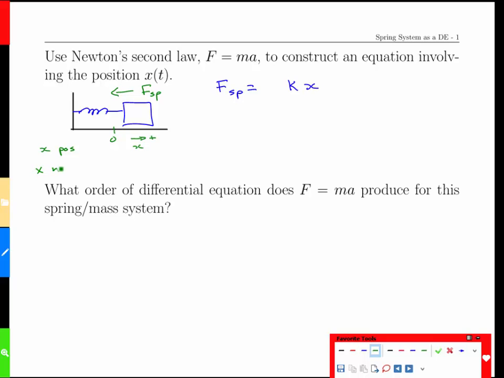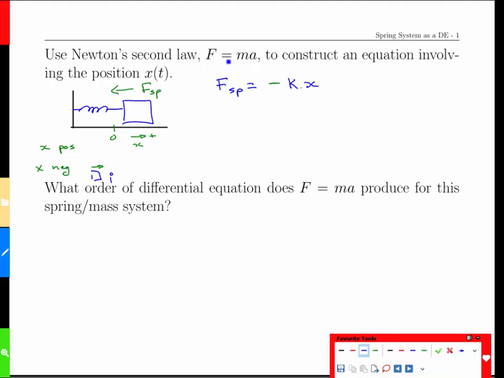However, if x is negative, putting the mass over on this side of 0, then the spring force acts in the opposite direction, which will be a positive direction. So in both cases, whatever the sign of x is, the spring force is going to be the opposite sign, or the negative of that. And so we can best capture the force of the spring with this formulation here, negative kx.